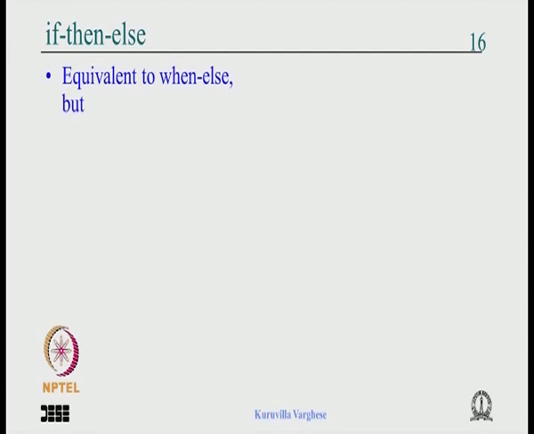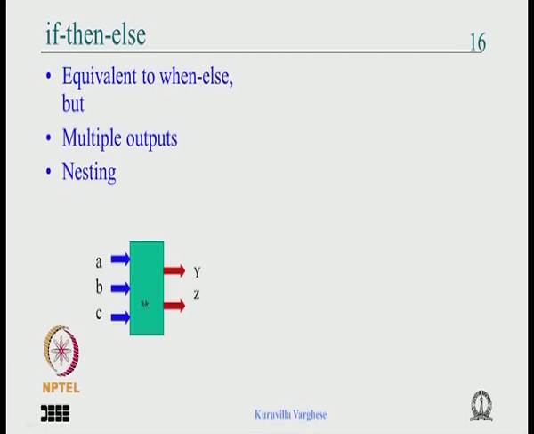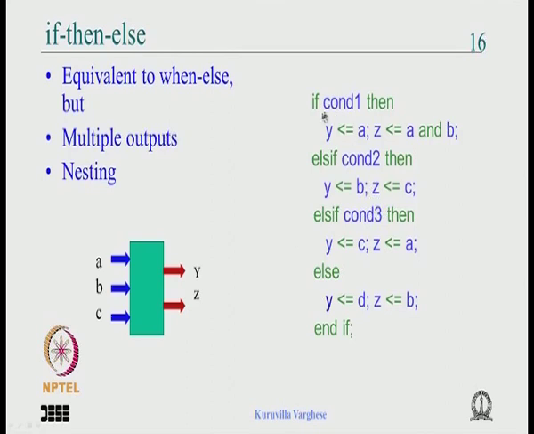And this is equivalent to an else, but there is a major difference: you can specify multiple outputs, you can implement nesting, and we have seen an example where there are 3 inputs A, B, C, and you have 2 outputs Y and Z. Then you could write: if condition 1 then Y gets A, Z gets something else; if condition 2 Y gets, you can specify Y and Z for all these conditions.